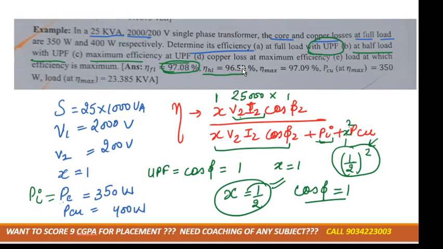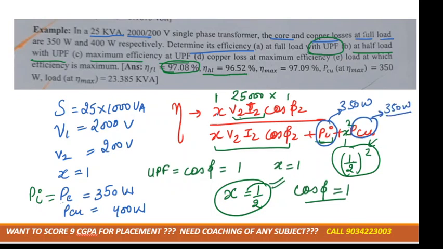So they said we have to calculate maximum efficiency, which means in this case we need to consider iron losses equal to the copper losses. Whichever losses are less, we need to consider that one. In this we can see that iron losses are 350 watt, so we'll mention iron losses as 350 watt and copper losses also 350 watt.